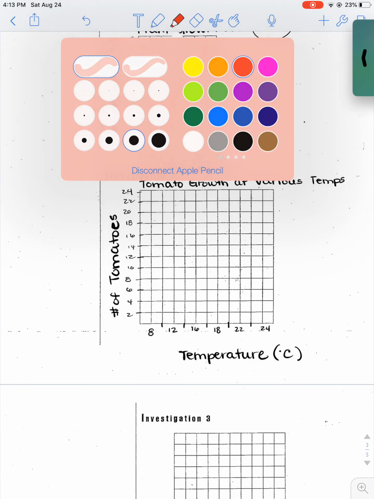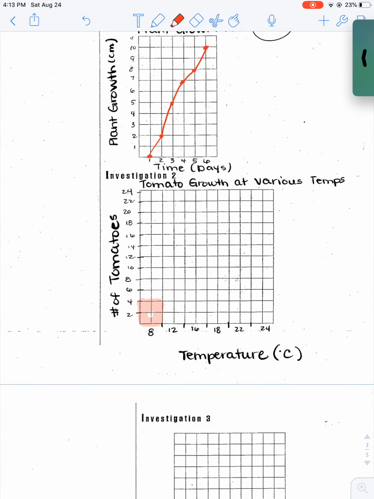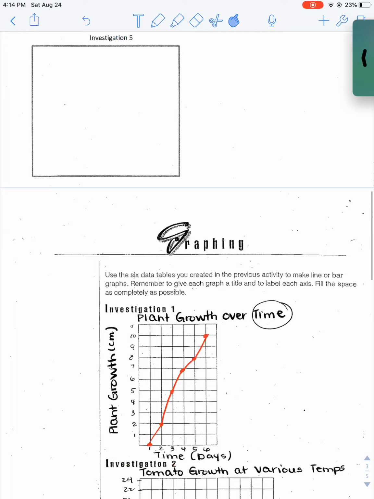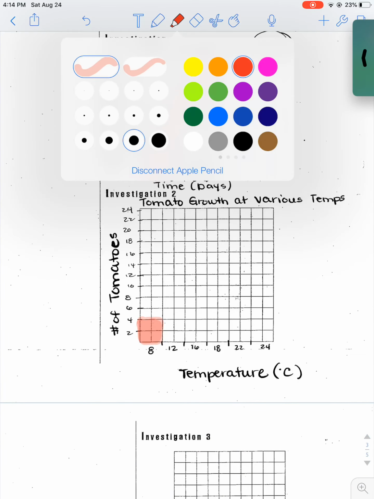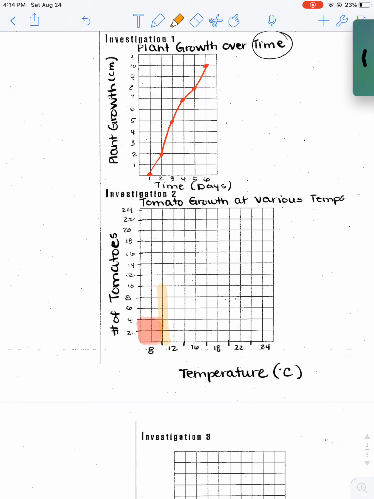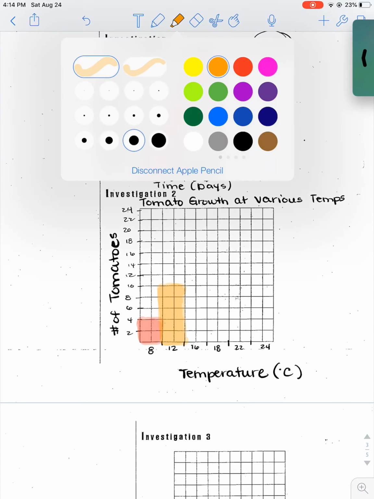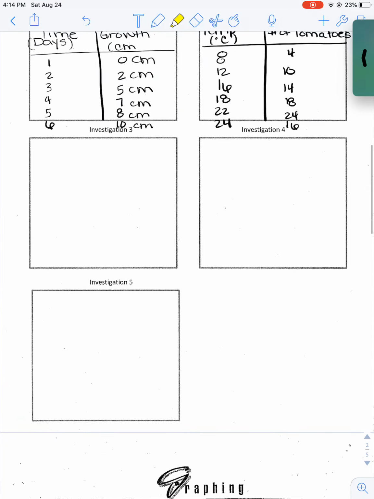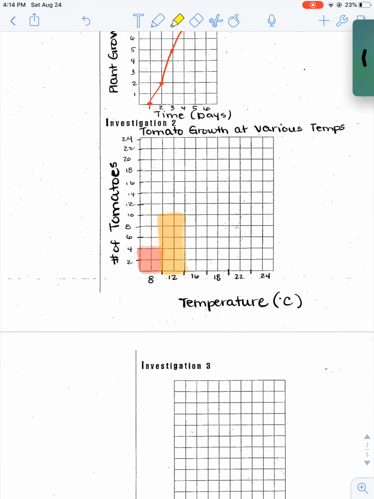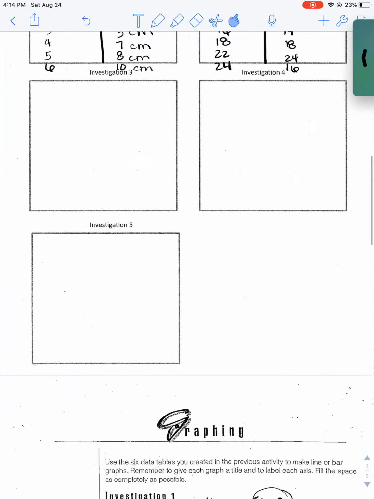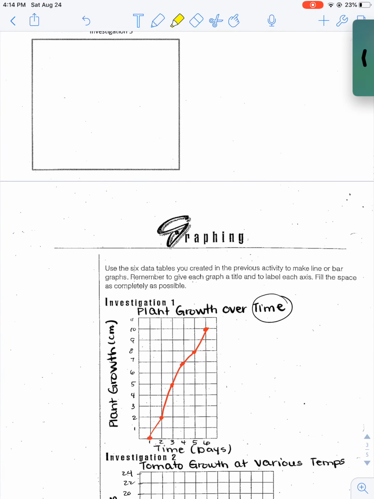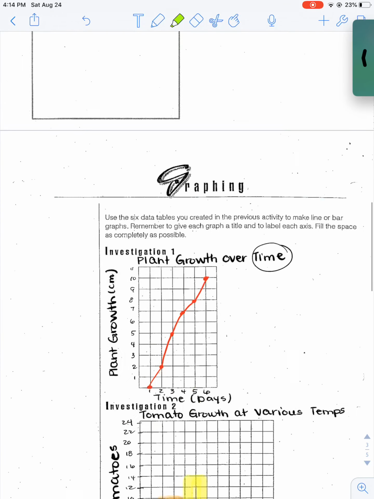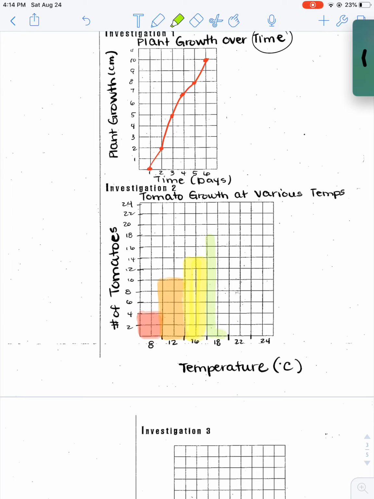So at 8 degrees, we grew 4 tomatoes. 12 was 10 tomatoes. 16 degrees was 14 tomatoes. 18 was 18.